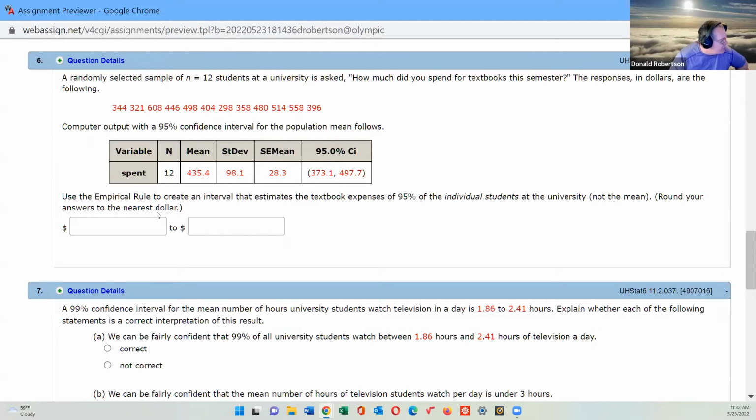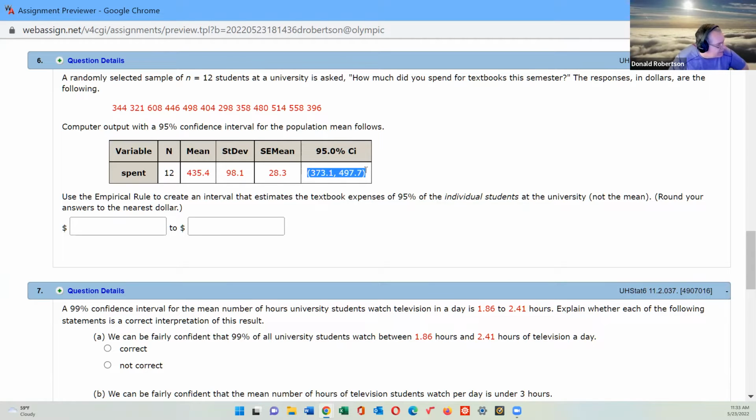Now, use the empirical rule to create an interval that estimates the textbook expenses of 95% of the individual students at the university, not the mean. Round your answer to the nearest dollar. So let's see what they're on about here. Ah, not the mean. Sneaky.